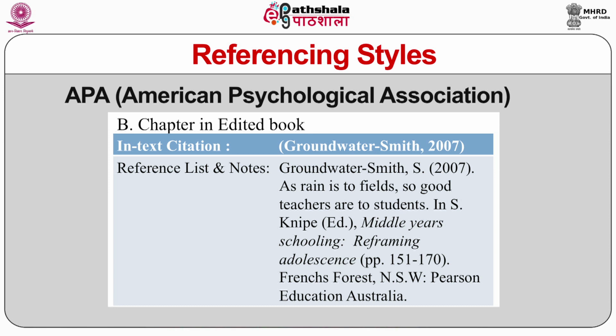Now, where it is the book? In S. Knipe, the edition, then the name of the book, Middle Years Schooling: Reframing Adolescence, then the page numbers 151 to 170, by Frenchs Forest NSW, and published by Pearson Education Australia.